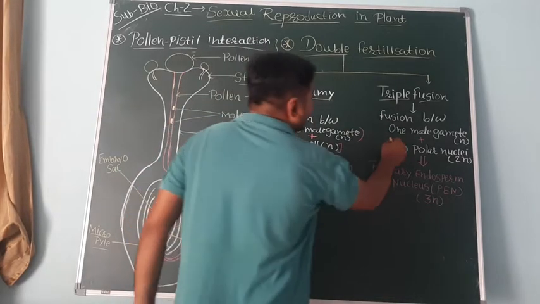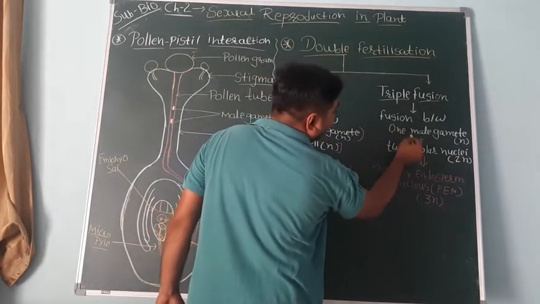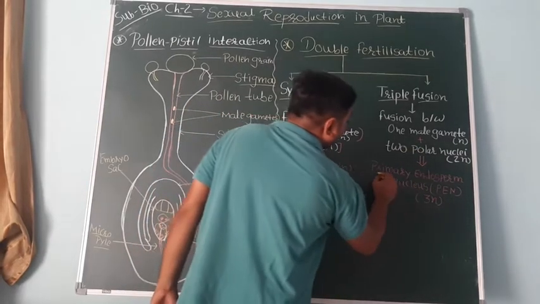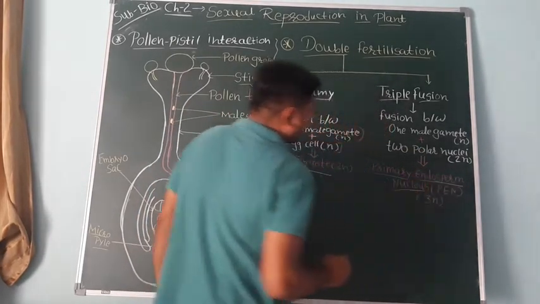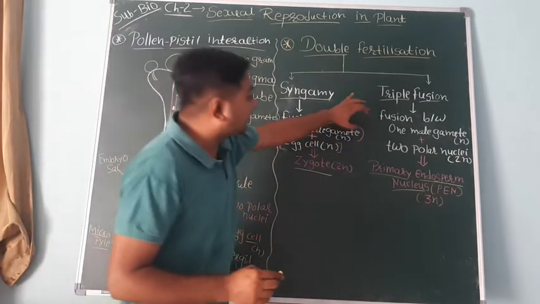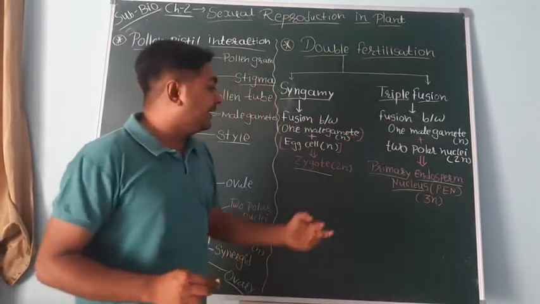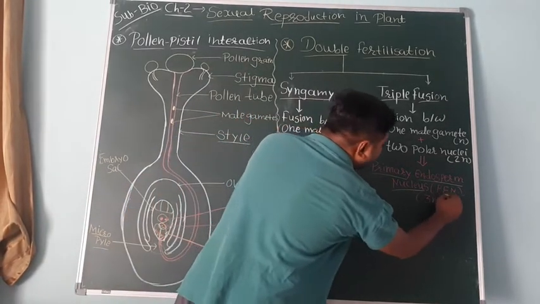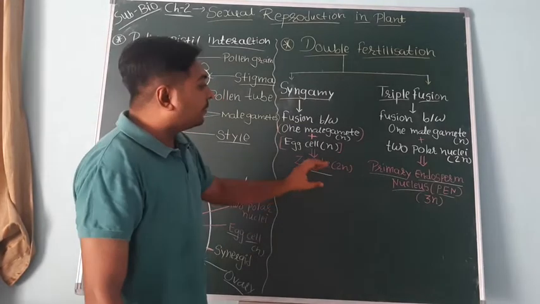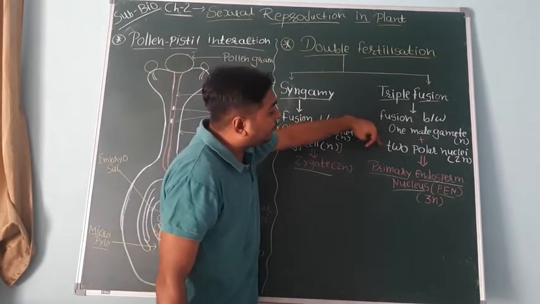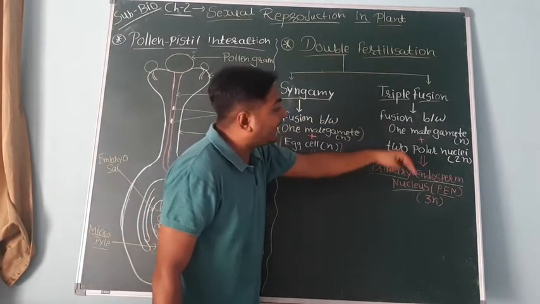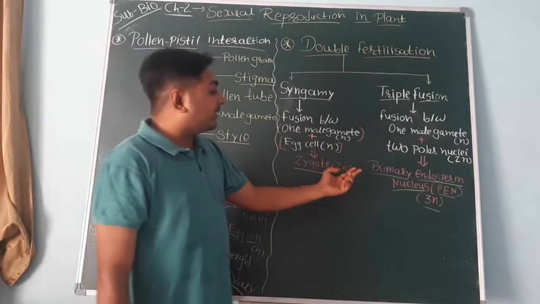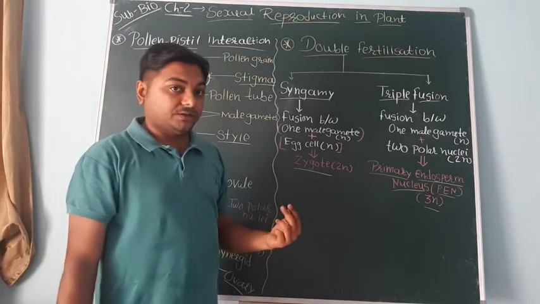So one male gamete and 2 polar nuclei fuse to form a product called the primary endosperm nucleus, short form PEN. Here one male gamete is n and the 2 polar nuclei are 2n, so 2n plus n becomes 3n. It is a triploid structure.